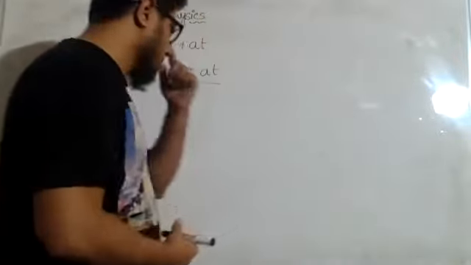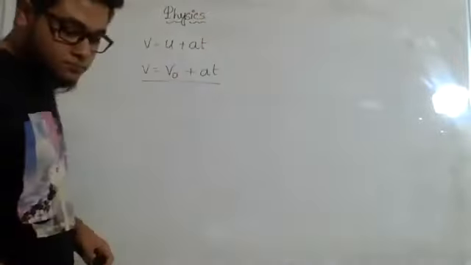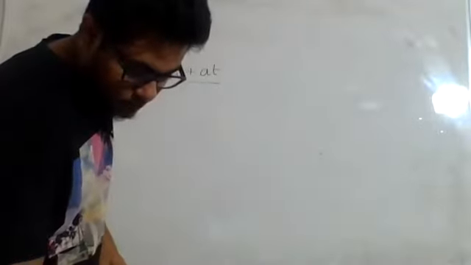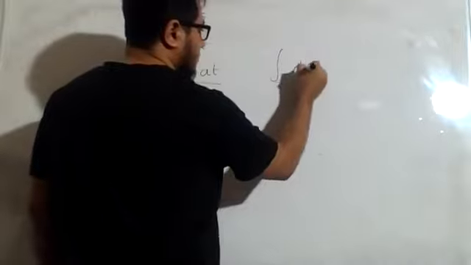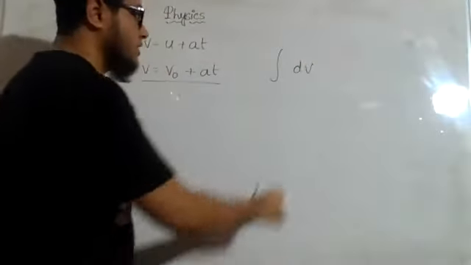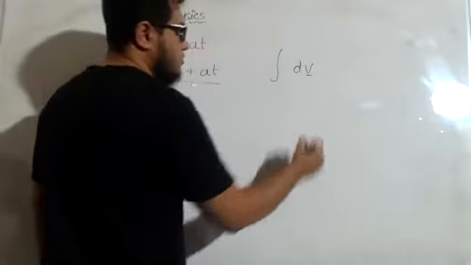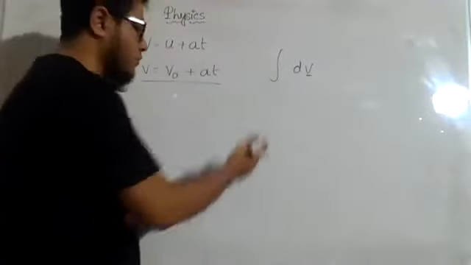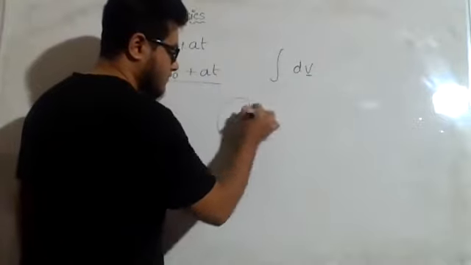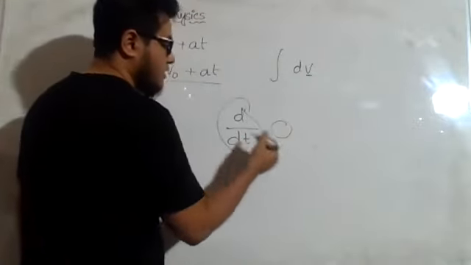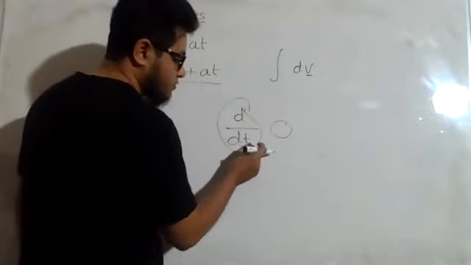Okay, now for integration we will have this operator. Okay, d after d, this is going to be the variable. For differentiation it is the operator, and after this we write something, we differentiate it with respect to this.